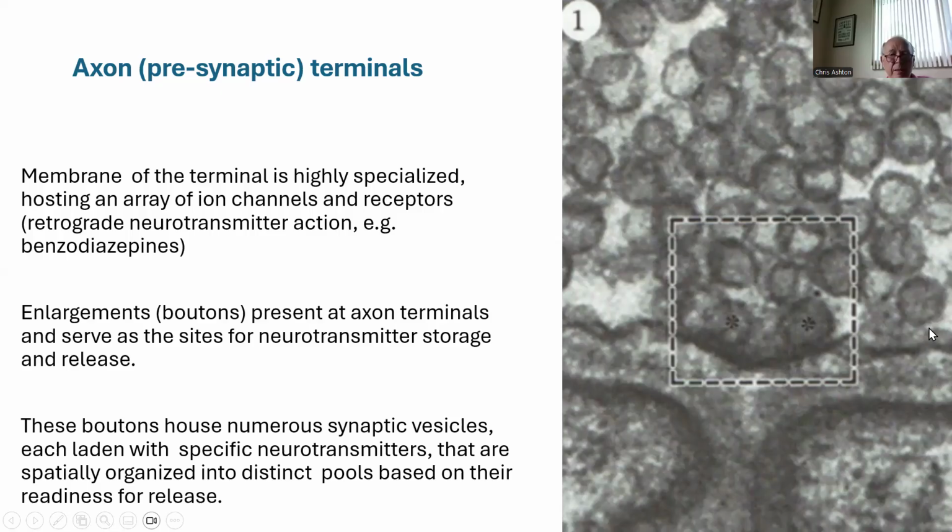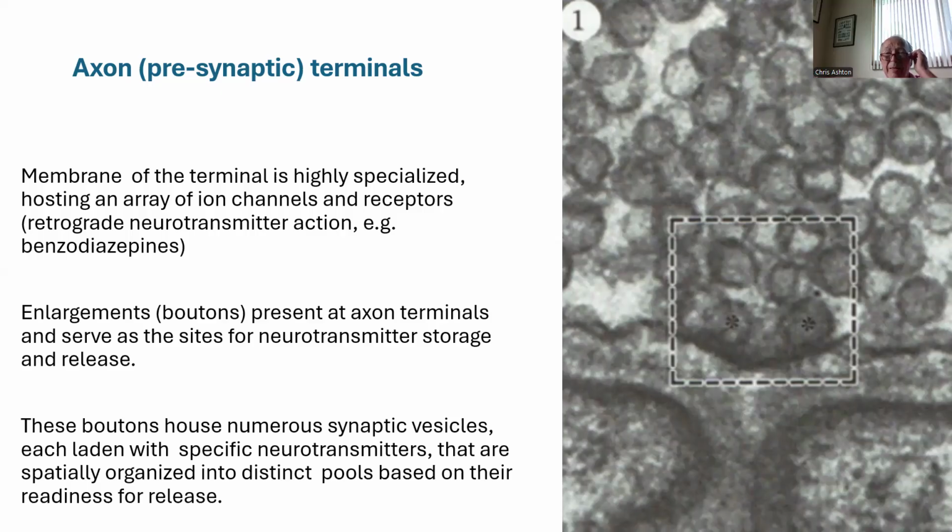So these structures appear, the boutons are these little knobbies at the end of axons that are presynaptic terminals. And they serve both for storage of neurotransmitters, release, and maintenance of the amount within the terminal itself.